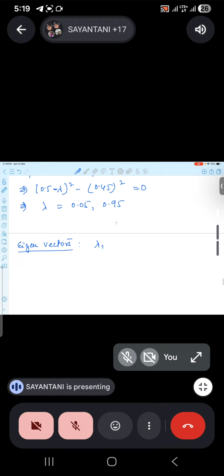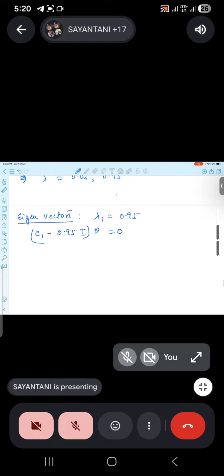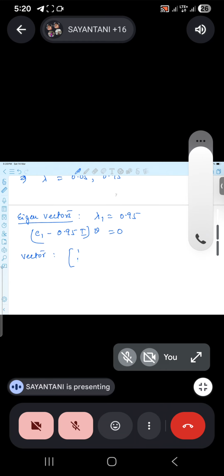So for lambda 1 equal to 0.95, basically you have to calculate, so put in this equation, you will get the first vector. You know how to calculate it, I'm not showing it.